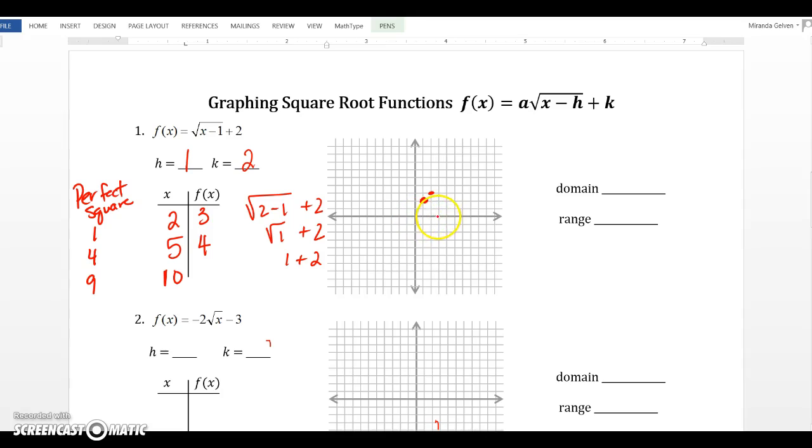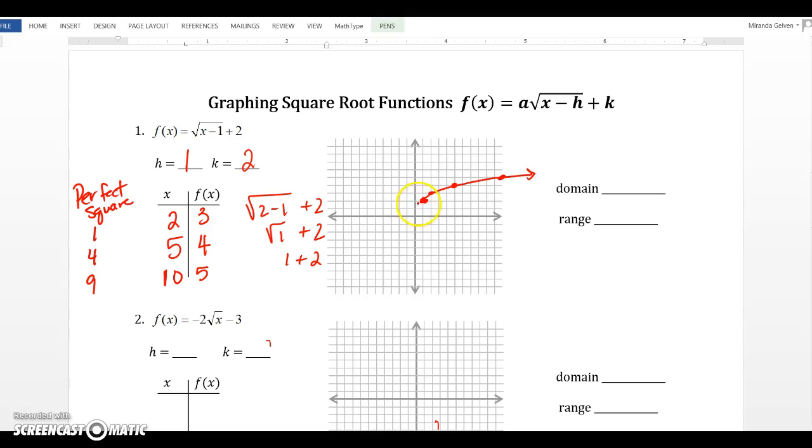So 1, 2, 3, 4, 5, up 2, 3, 4. If I pick 10, 10 minus 1 is 9. Square root of 9 is 3. 3 plus 2 is 5. So at 10, 5. Now I'm ready to connect the dots.